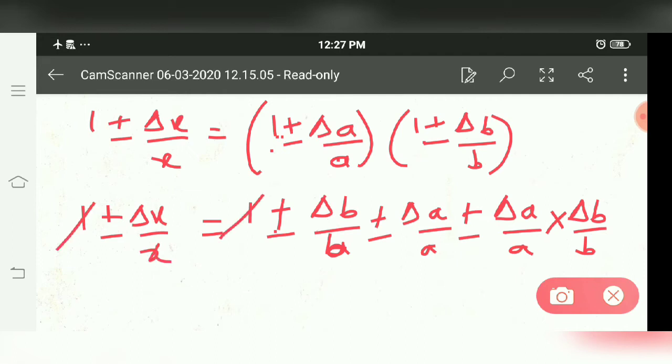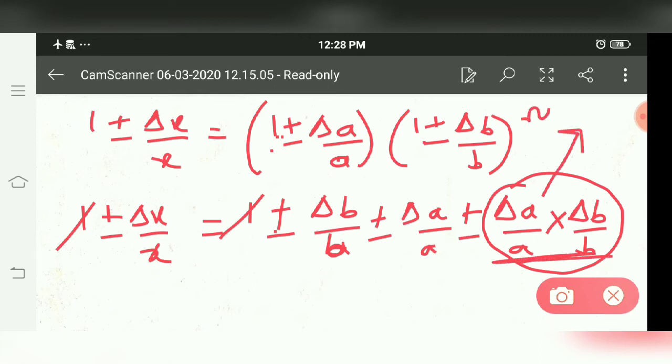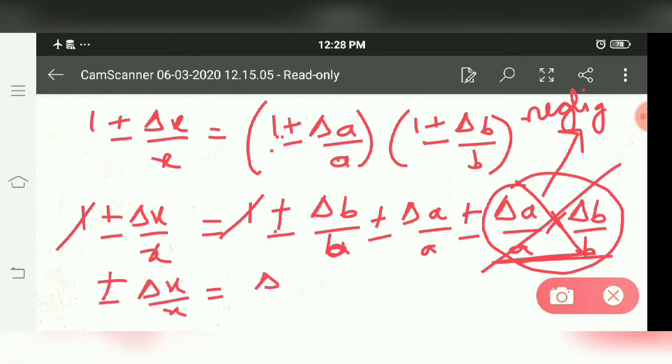1 gets cancelled with this 1. Now this is very small because relative error is very small. If we take the product of two relative errors, it becomes very small and negligible, so we just neglect this term. So we get plus minus delta x upon x is equal to plus minus delta a upon a plus minus delta b by b.